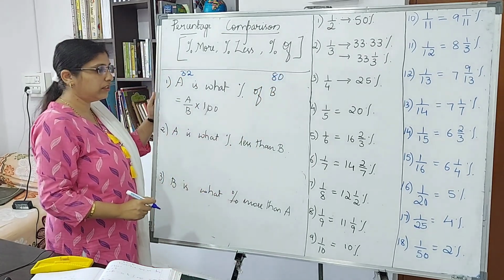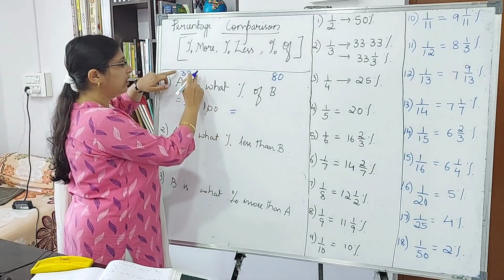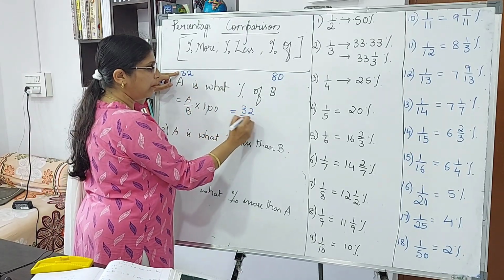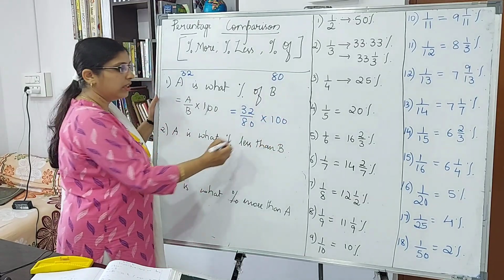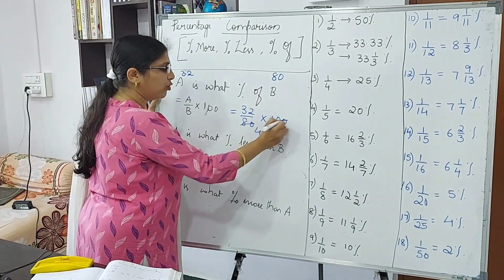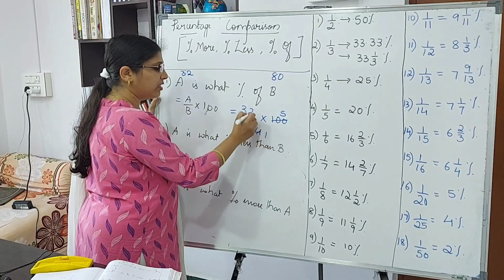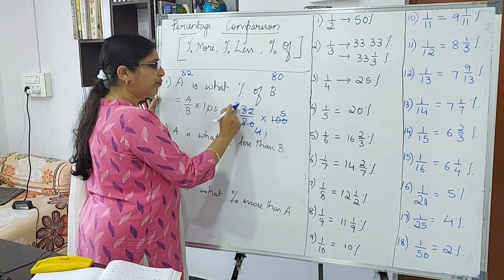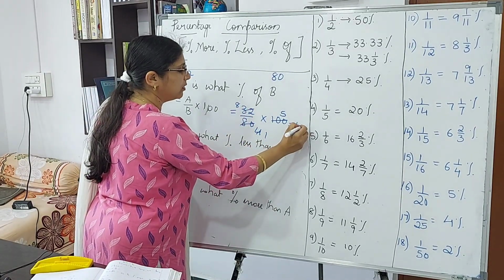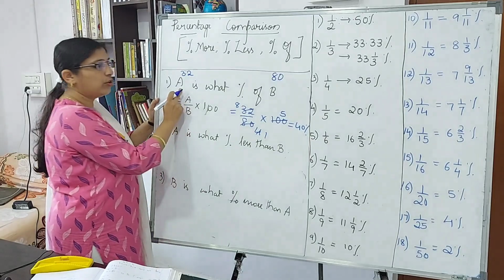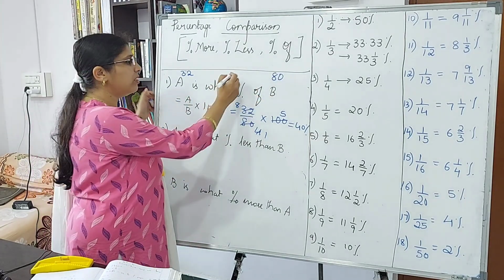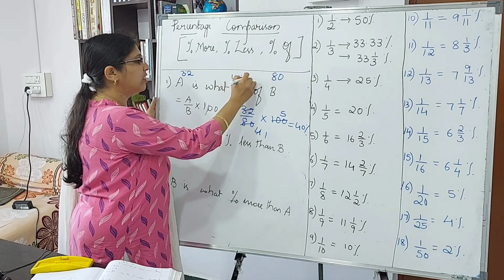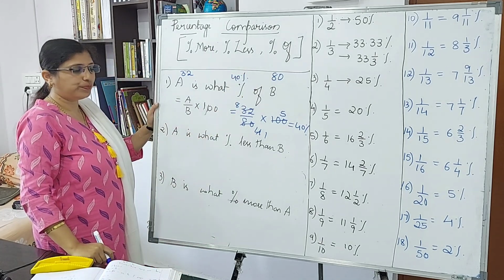If it is asked like this, then what we can do? 32 by 80 into 100. So this is 40. Okay, 32 is 40% of 80.